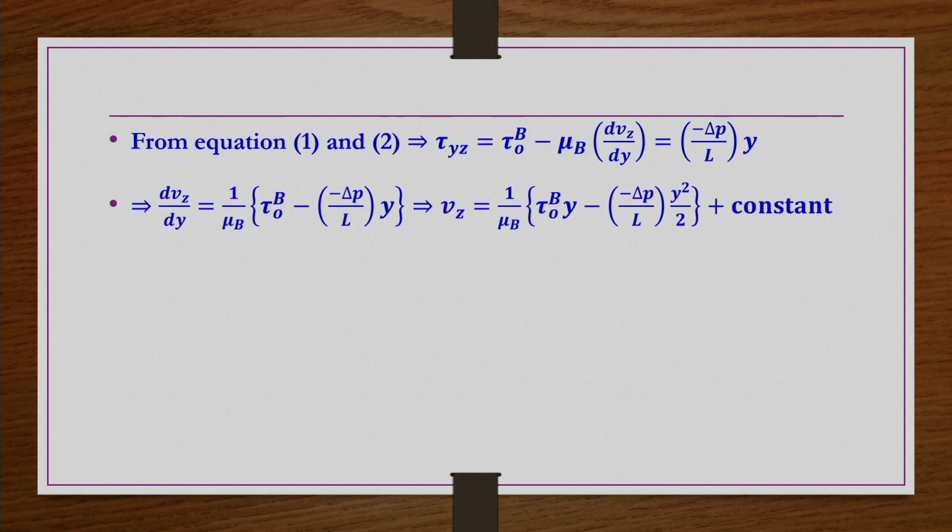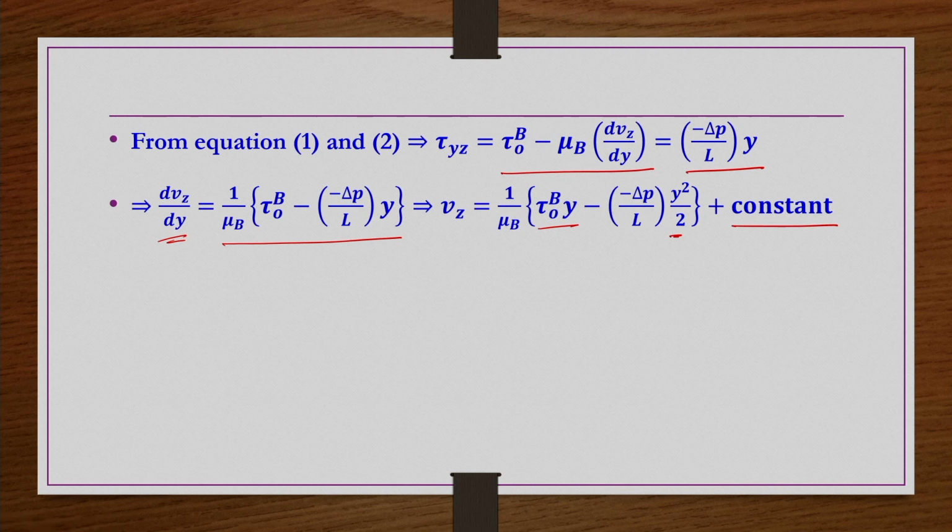Now in place of tau yz, we substitute minus delta p by L times y, and equate it to tau naught b minus mu b dvz by dy. Then, to get the velocity profile, we keep dvz by dy on one side and take the rest of the terms to the other side. Next we integrate it. We get tau naught b y, and y square by 2 multiplied by minus delta p by L, plus a constant.